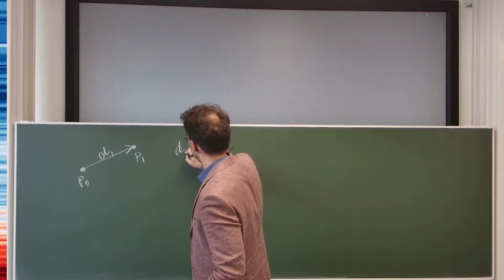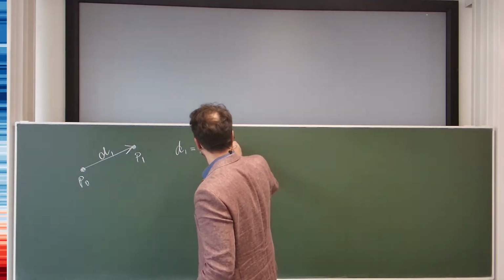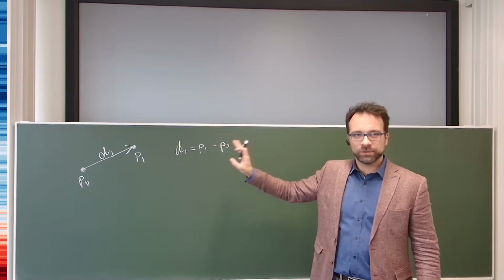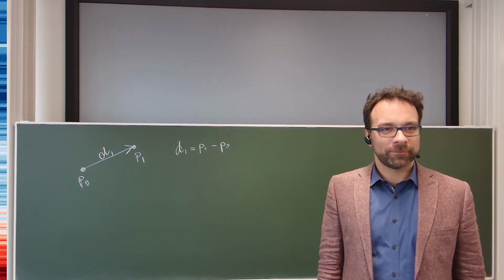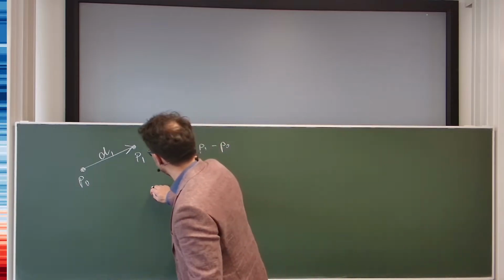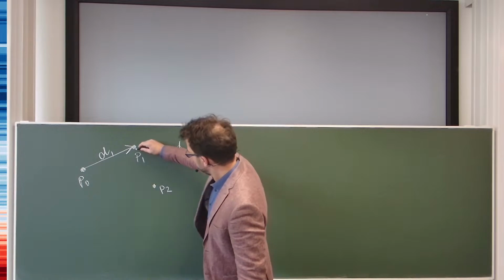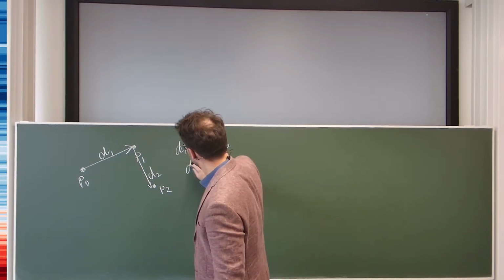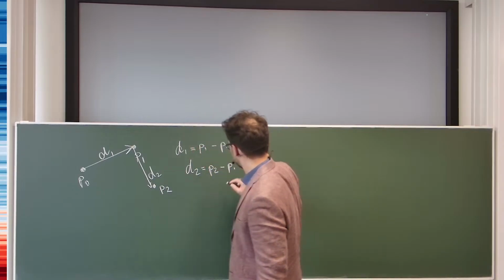And D1 is just P1 minus P0. That is all vectors, so I leave any arrows or boldface out. Okay? We can take a third point, P2, and a second direction, D2, with D2 being P2 minus P1.